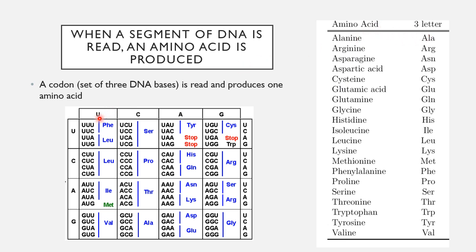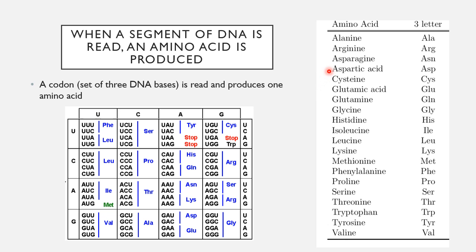So if in your code you had the bases UUU or UUC, you would produce the amino acid PHE, which, as we can see from our code, stands for phenylalanine. If you had UUA or UUG, you would get the amino acid leucine. LEU stands for leucine, and so on.